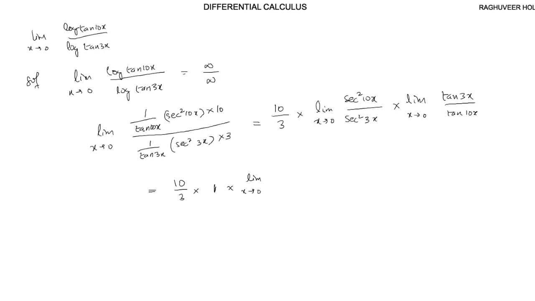Now as you put x equal to 0, the first part is okay, so we get 1. But we are not okay with tan 0 in the second part.